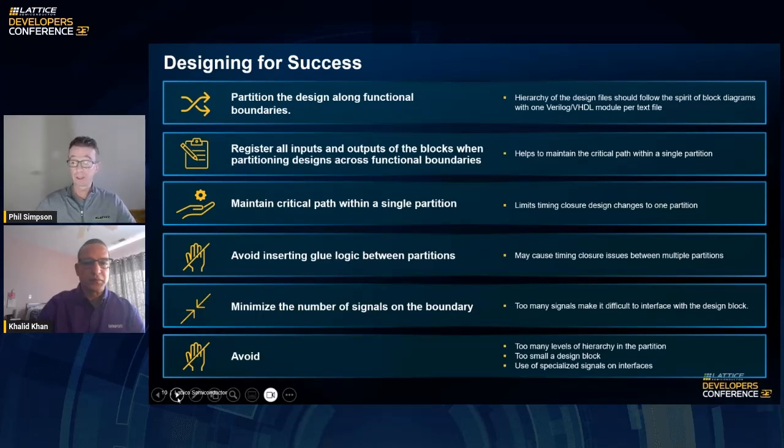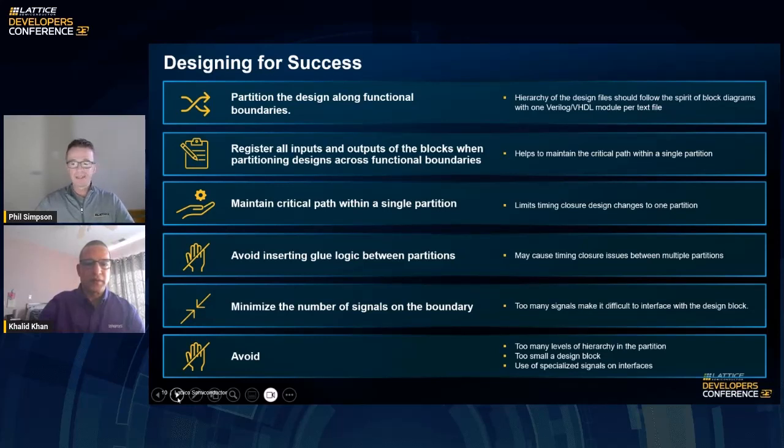It can also impact the device utilization that you can achieve and effectively the efficiency of the engineers. So for engineering efficiency, it's really best to partition along functional boundaries so that engineers can focus on their area of expertise. It's also recommended that you try to maintain critical paths within a single partition.